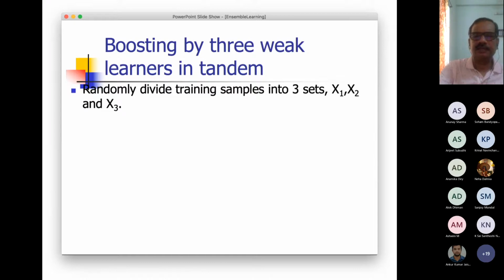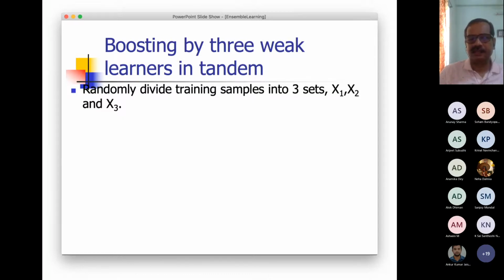We divide the training samples of the input space into 3 sets, and correspondingly train 3 different classifiers. The first classifier is trained on X1, but we test it with X2, and whatever misclassified samples are there in X2 are used for training the classifier D2.